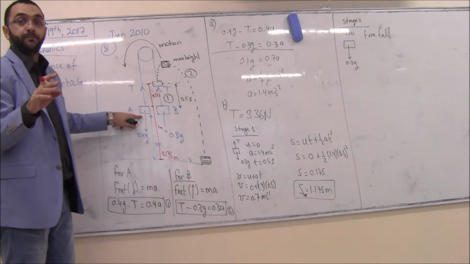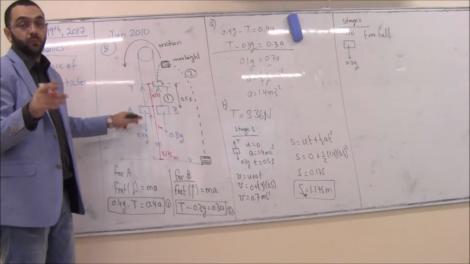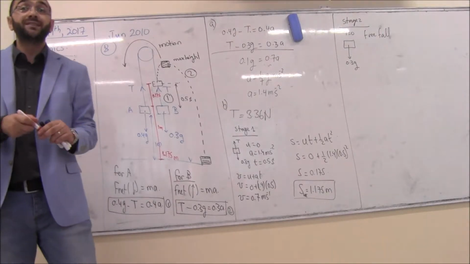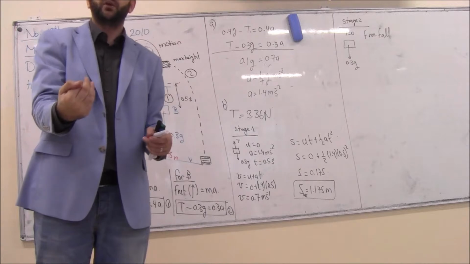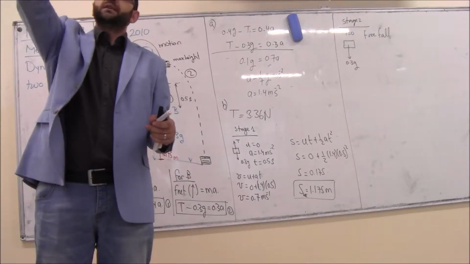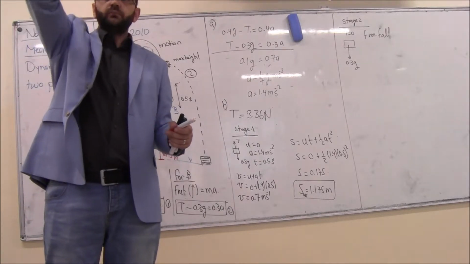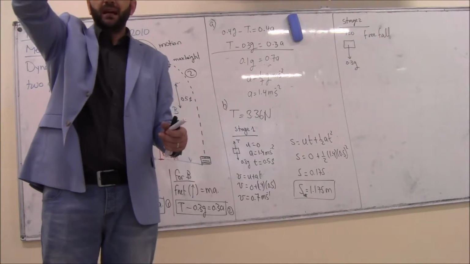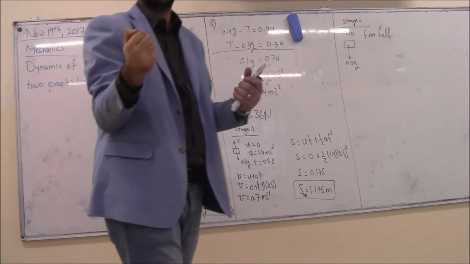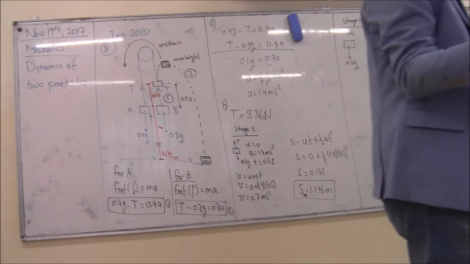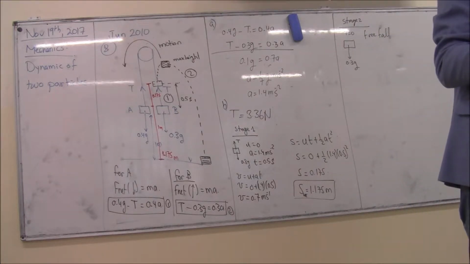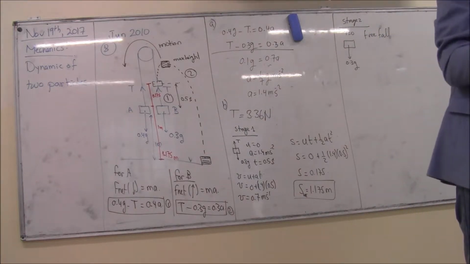Professor, if the string is broken from here, how will it move? We say okay, but it will not stop immediately and fall down. It will continue. Decelerate to zero. Yes, decelerate to zero. I give you a very common example. If you are driving a car and you'd like to stop the car, does the car stop immediately?